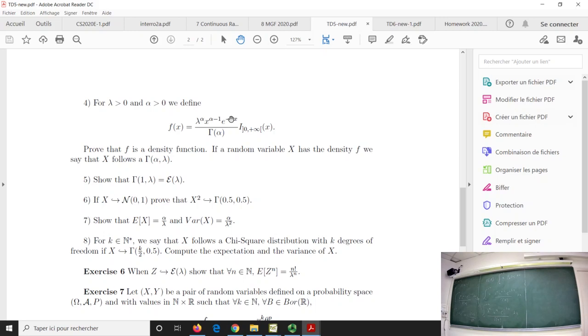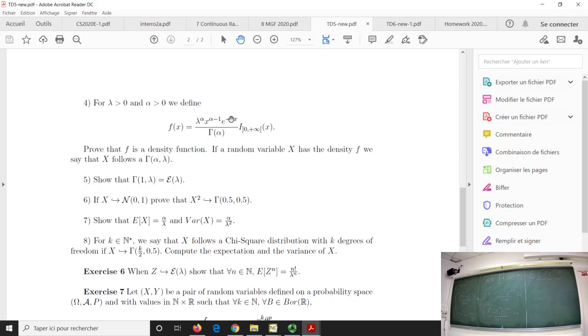I can do the job, because here I have constants. So I have lambda alpha over gamma of alpha, integral between 0 and plus infinity, x alpha exponential minus lambda x dx. And what is this one? I use the formula in red.